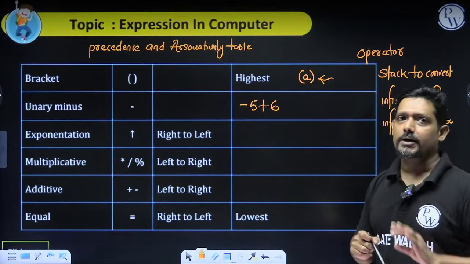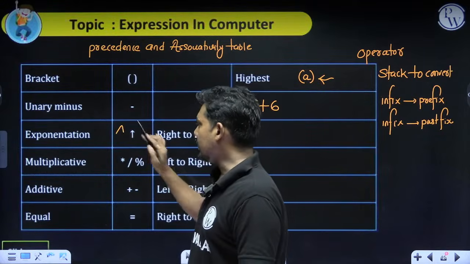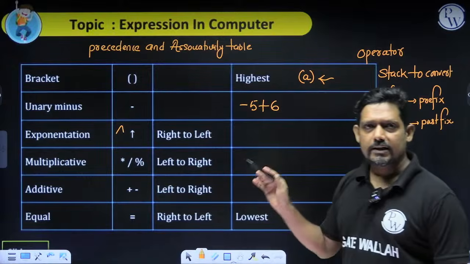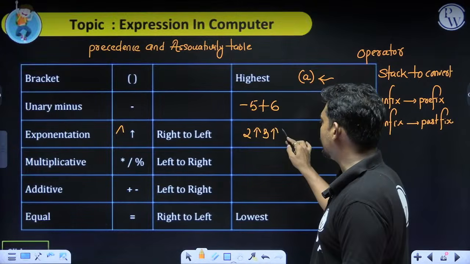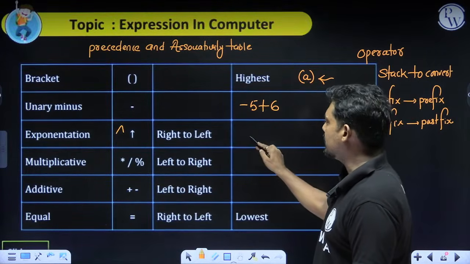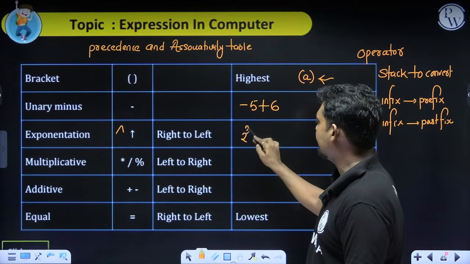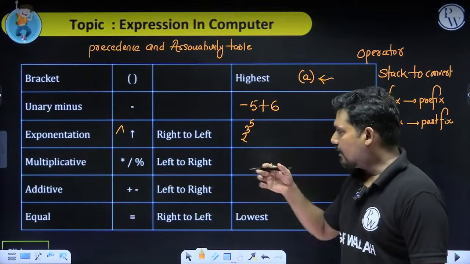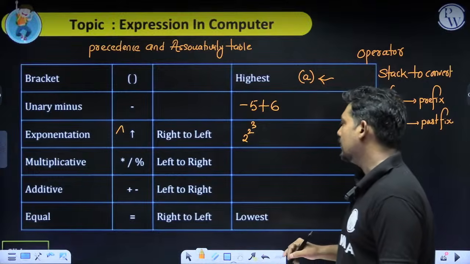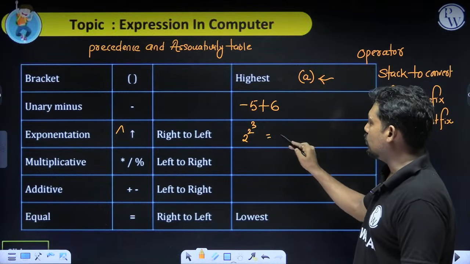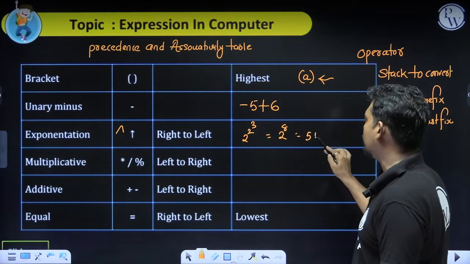Then exponentiation. Exponentiation is written with an up arrow or in this manner. Take 2 to the power 3 to the power 5. Now understand, if it is mathematics, 2 to the power 2 to the power 3: first you get 2 to the power 3, which is equal to 8, and then you do 2 to the power 8, which is equal to 512.